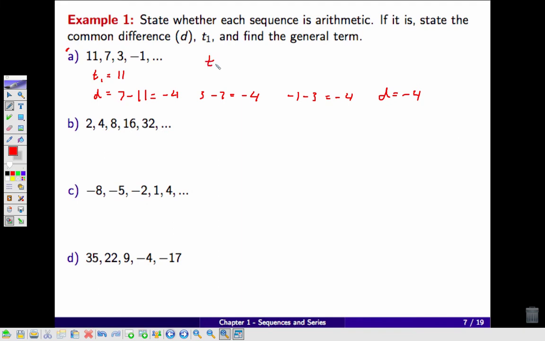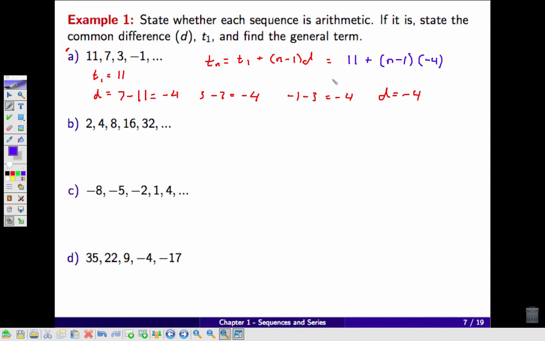Okay, so Tn is going to equal the formula, which is T1 plus n minus 1 times D. Now, I apologize for my writing, but when we substitute everything in, T1 will be 11 plus n minus 1 times D, which is -4.